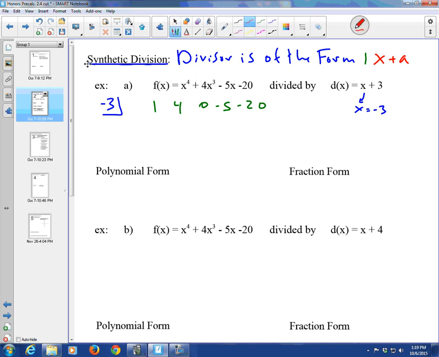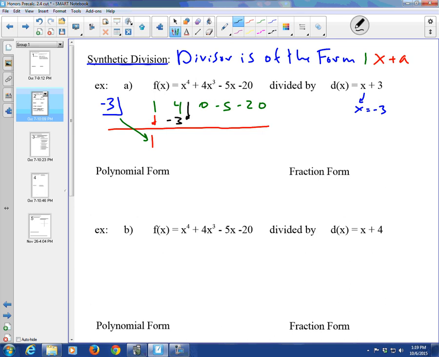Now, the process of synthetic division works like this. We drop the first coefficient, and then we multiply the 0 and the first coefficient to get the product that we are going to put underneath the next coefficient. So right here, I multiply the 0 and the 1, and I get negative 3 that goes under my next coefficient, and then I add vertically.